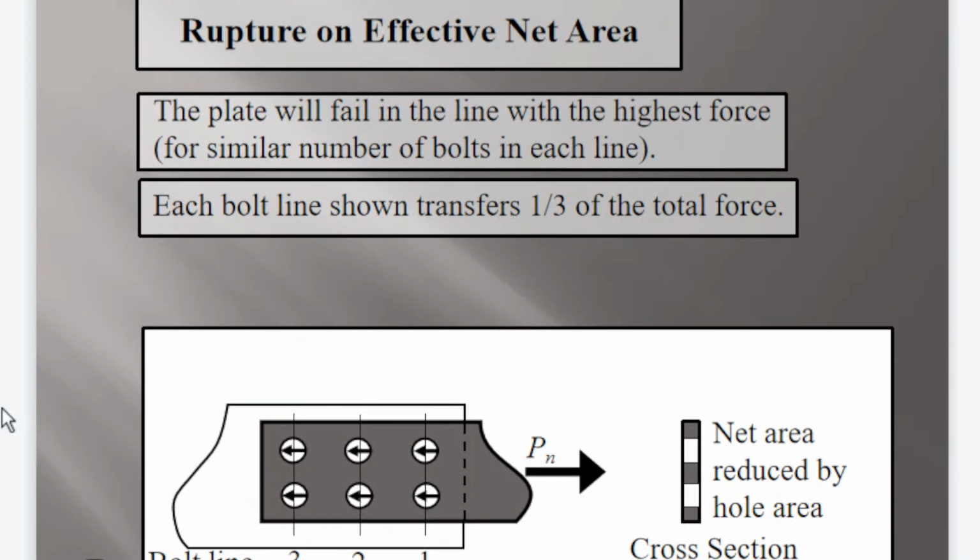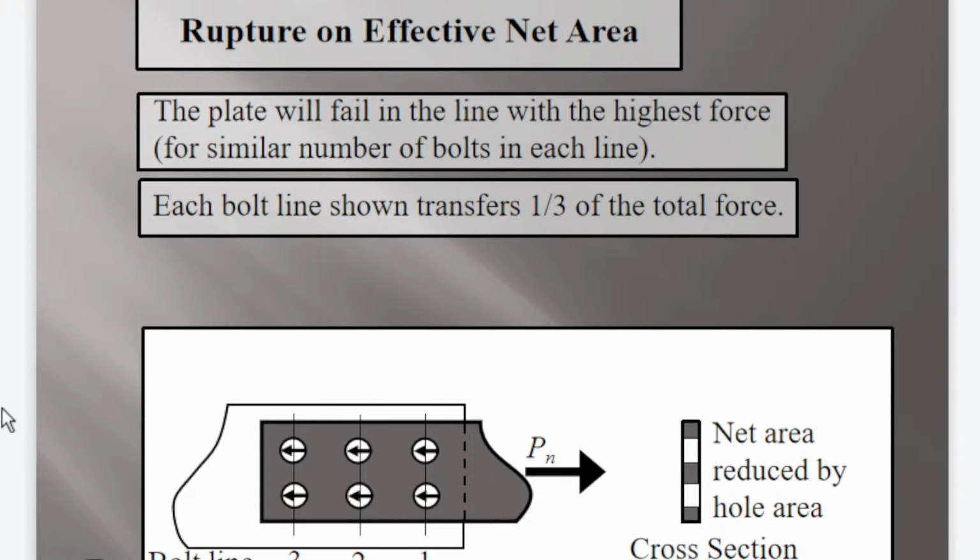Okay. The plate will fail in the line with the highest force, for a similar number of bolts in each line. So, each bolt line transfers 1/3 of the total force.